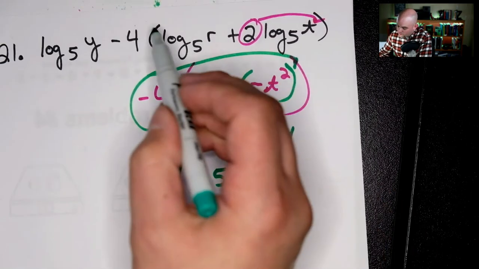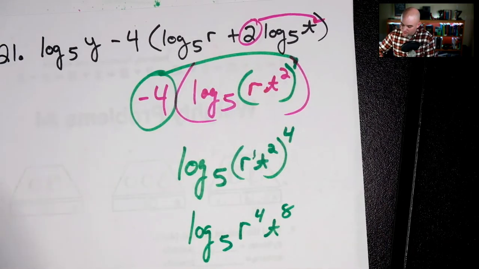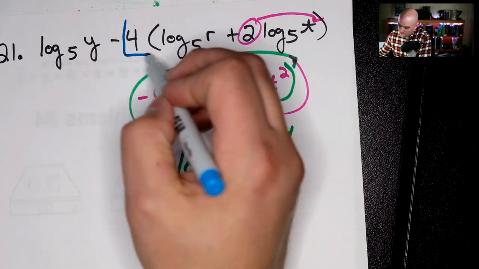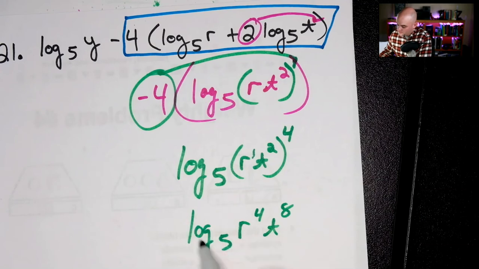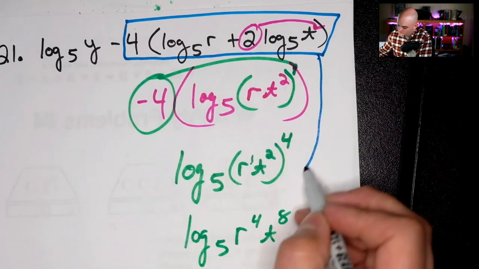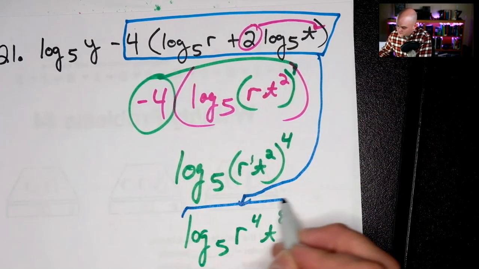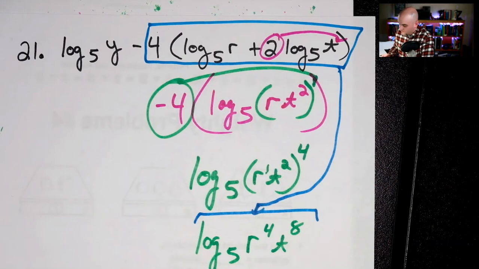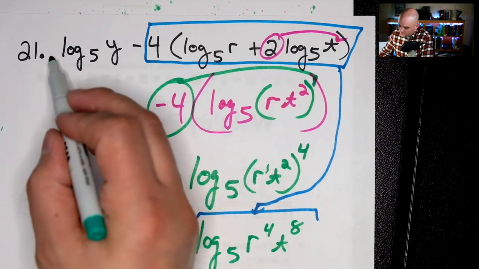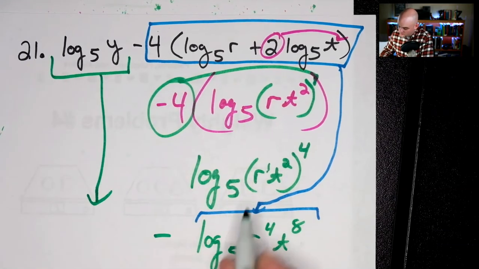So I went through all of, let's highlight it in blue, everything in blue up top right here became this down below. Sometimes it's easy to say, boom, there's my answer, but we're only partway through the problem, aren't we? We still have a minus sign in front of this, and don't forget all of that right here needs to come down.